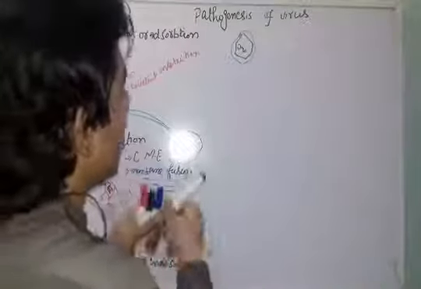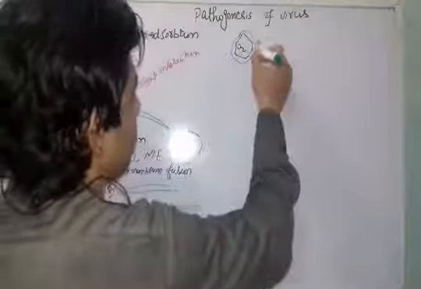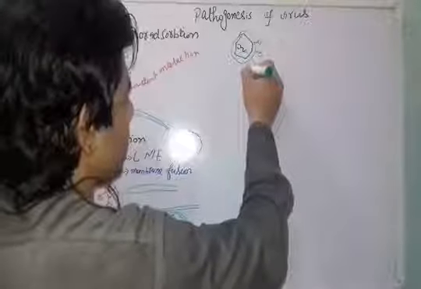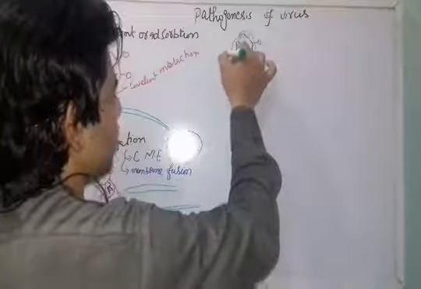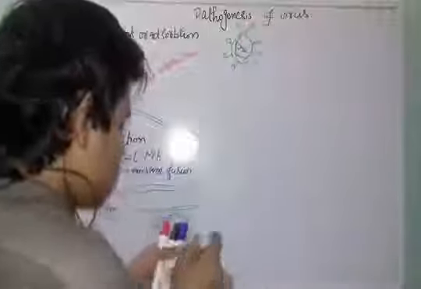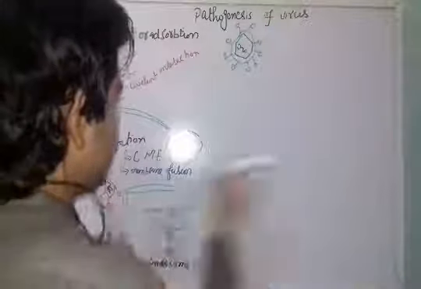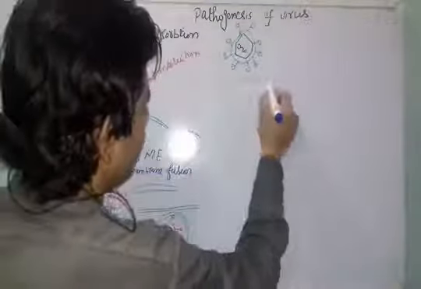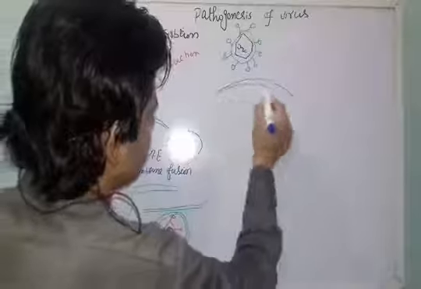From outside the envelope, spikes arise, which are responsible for the attachment. So what happens in this case? They will also attach to the host cell receptor.